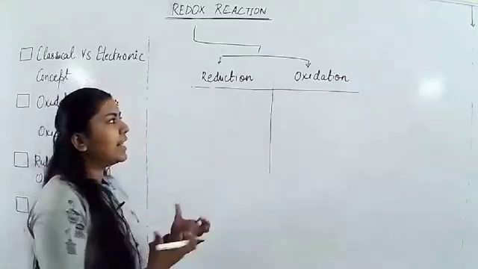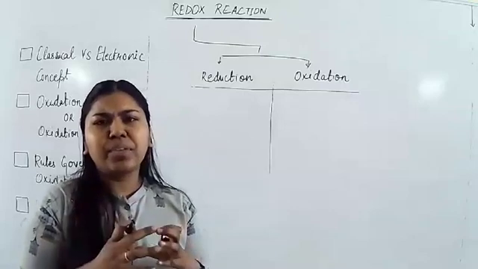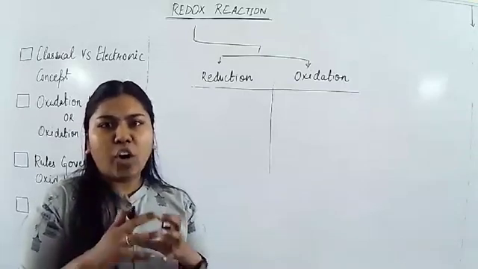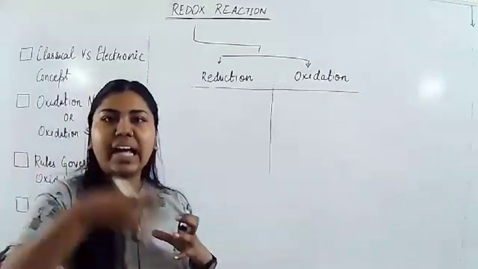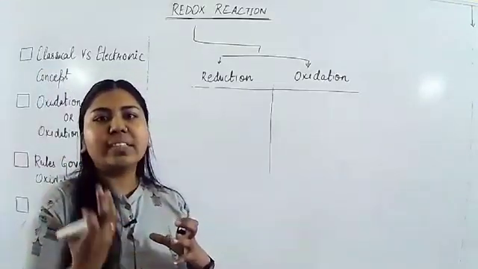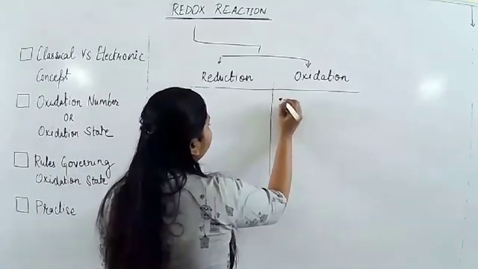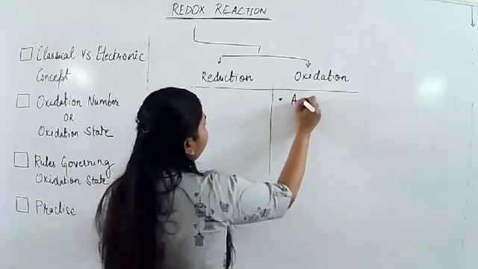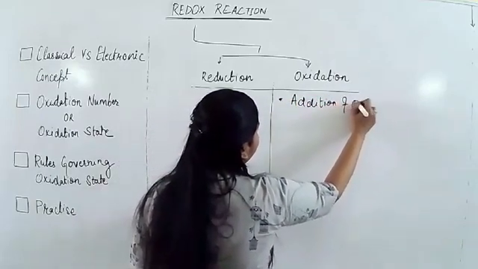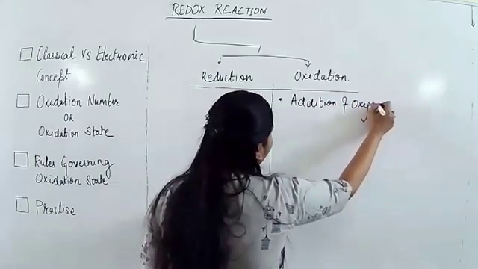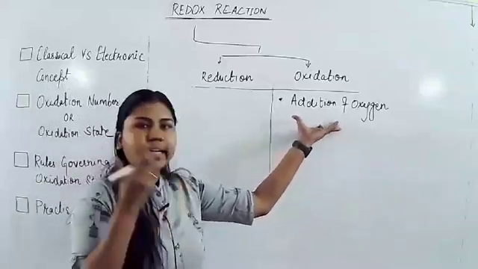So let's see. Oxidation means, to any species, any substance, any atom, any element, if oxygen is getting added to it, then we say that that atom or element is getting oxidized, right? So I will write your first definition that you are all aware of: addition of oxygen.